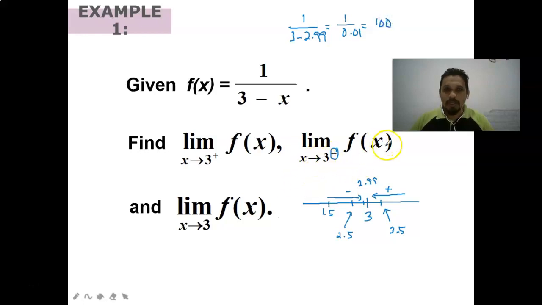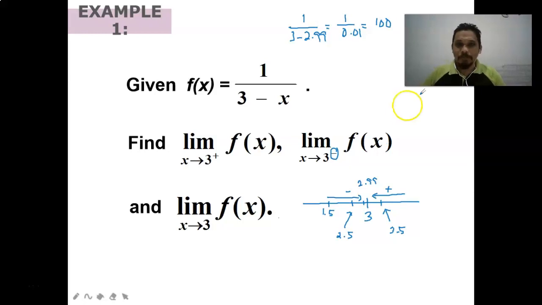So the limit as x approaches 3 from the left side, getting closer to 3 from the left side, of f(x) gives you positive infinity.